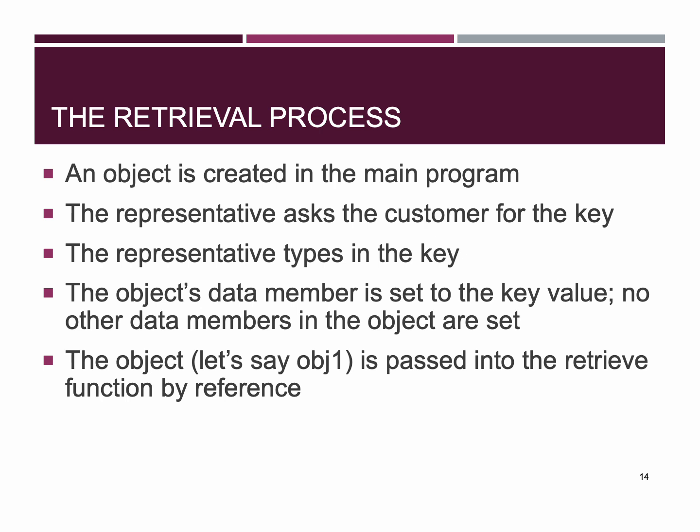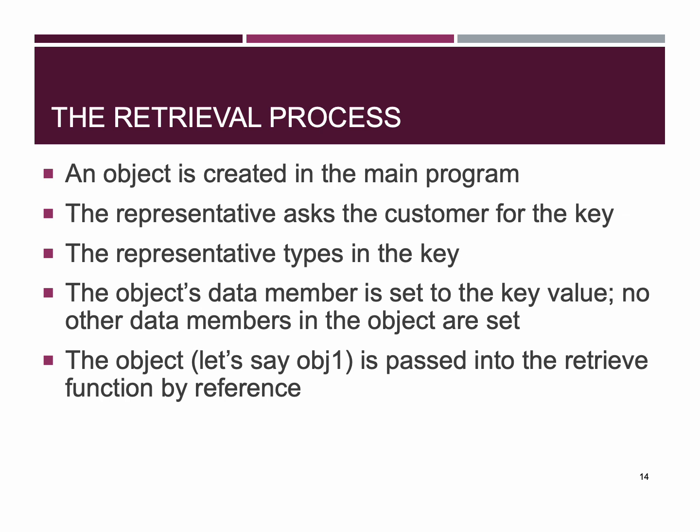So now let's walk through the retrieval process step by step. First, an object is created in the main program. This object will eventually hold the data retrieved from the linked list. Next, the representative, or the person using the system, asks the customer for the key. This key is what will help us identify the specific item we are looking for in the list.